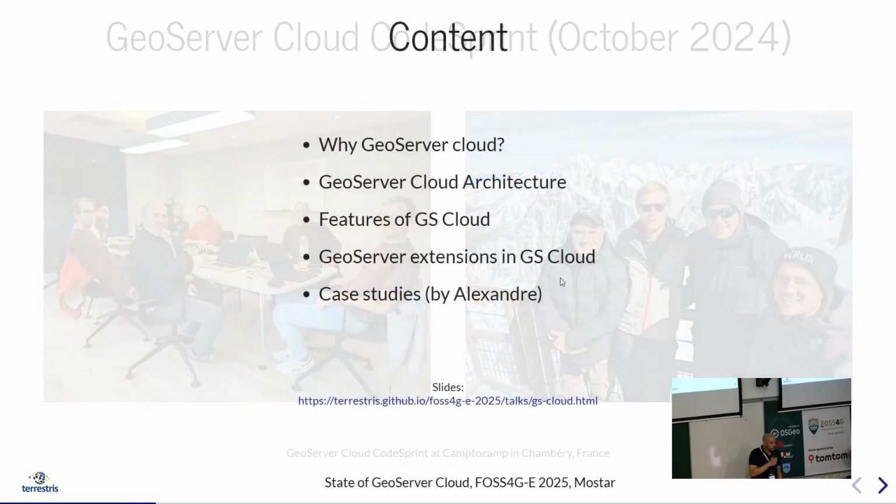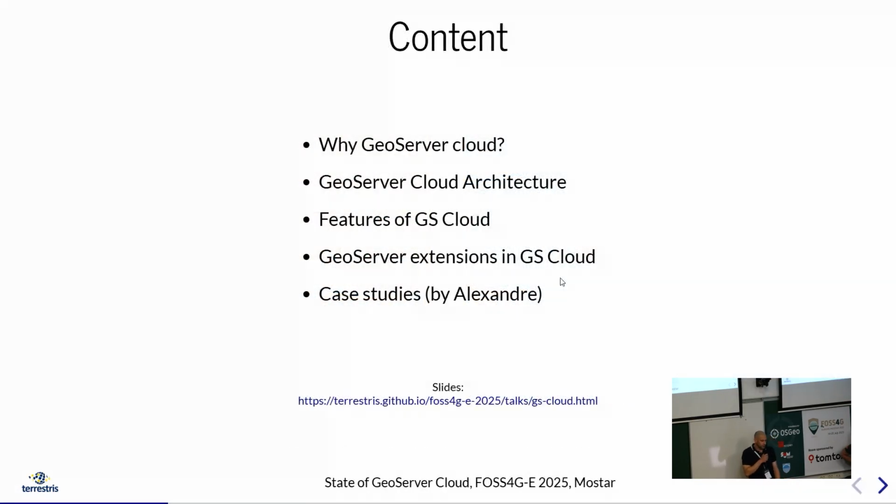Yes. So what will I talk about? I will first explain why there is a need for GeoServer Cloud. We will see the architecture and talk about the different things that have been done in the GeoServer Cloud project. I will name the most important features. And I will also talk a bit about GeoServer extensions, because I guess most of you know GeoServer, maybe who did already use GeoServer?